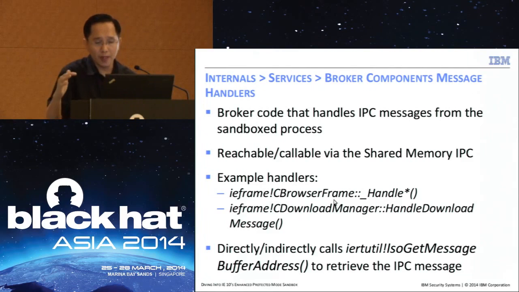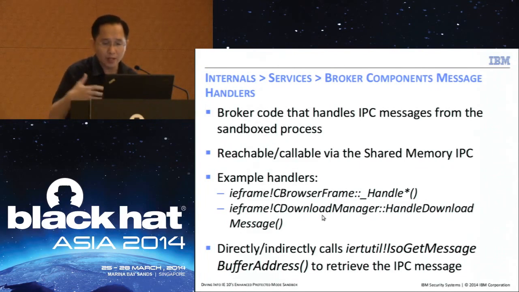It has multiple handle functions that handle the inter-process messages. Also, the download manager component in the broker has a download message function that handles IPC messages coming from the shared memory IPC. These message handlers typically call ISO get message buffer address to retrieve the IPC message that was sent to it via the shared memory IPC.